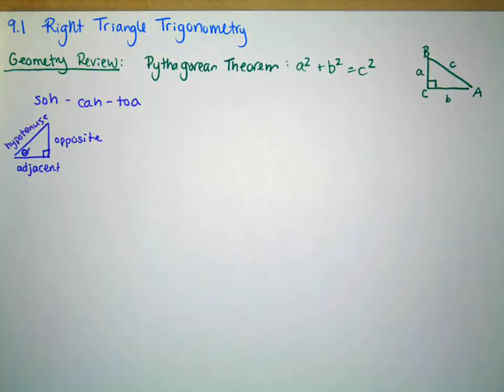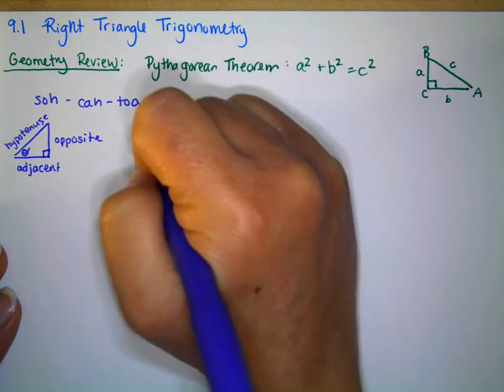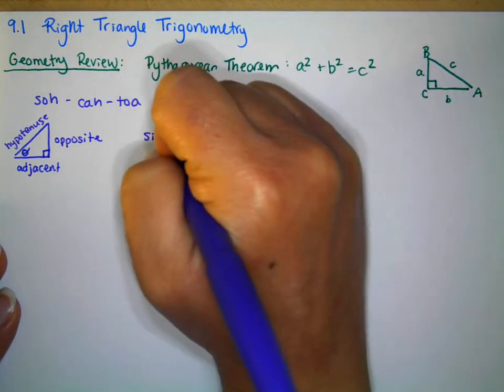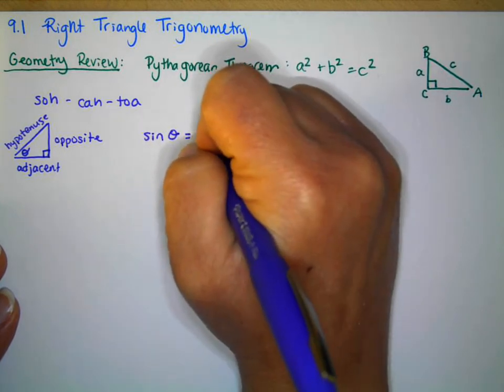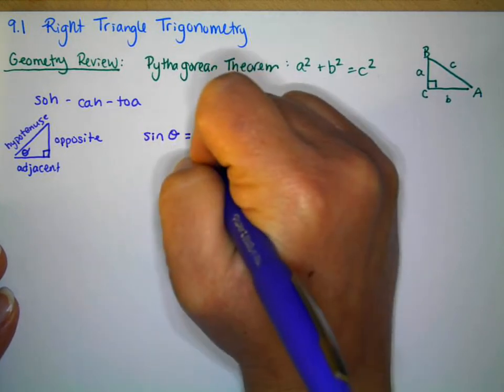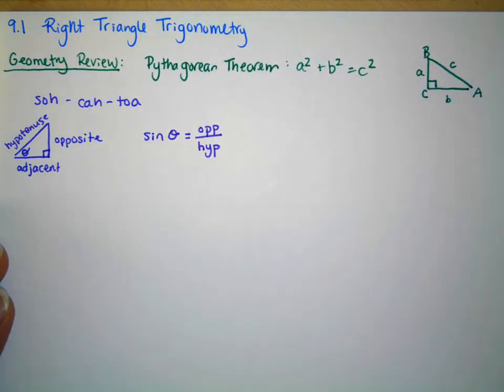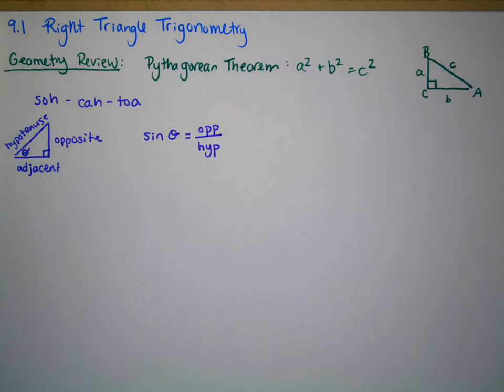With that setup, we know that the sine of the angle is equal to the opposite side over the hypotenuse. If you want to write out the whole words, opposite and hypotenuse, you can. I'm just abbreviating, using O for opposite and H for hypotenuse, but feel free.